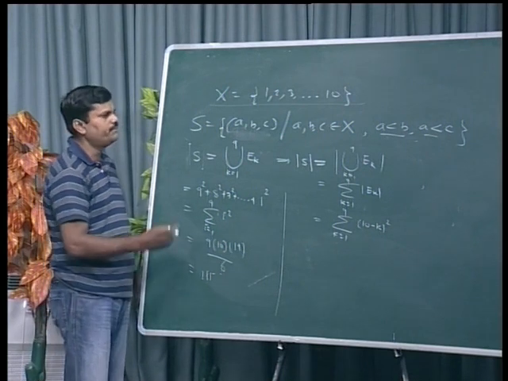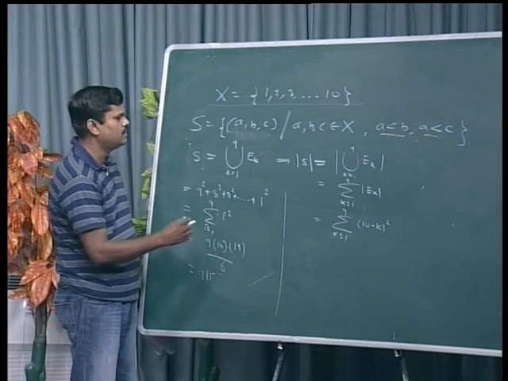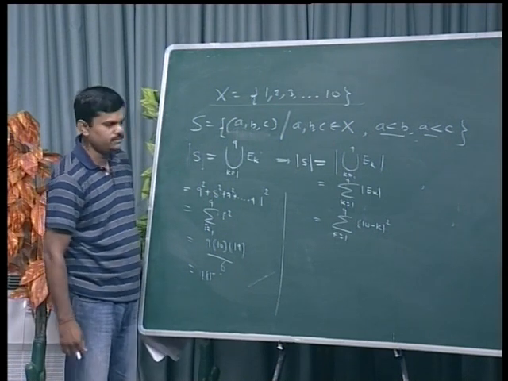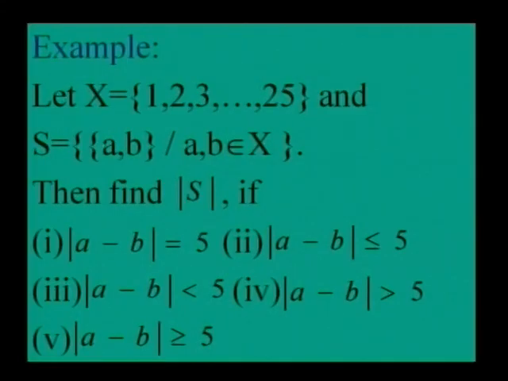Okay. So this is one interesting problem based on that addition rule. Let us see the next example on your screen. Here X is equal to 1, 2, 3, 4, 5 up to 25.